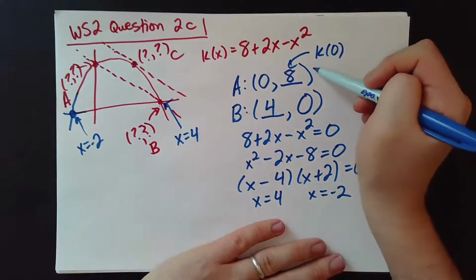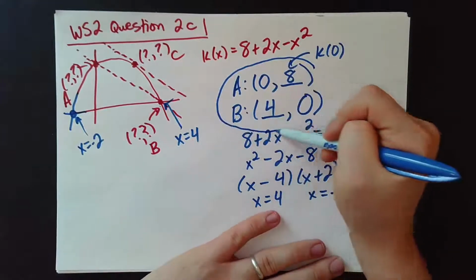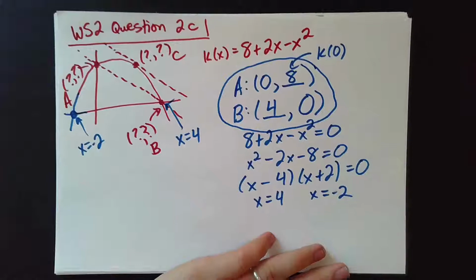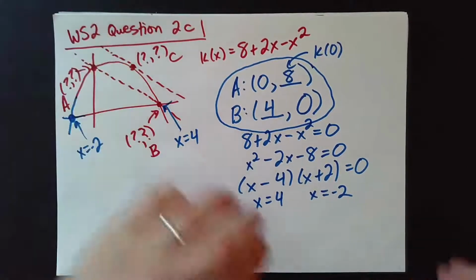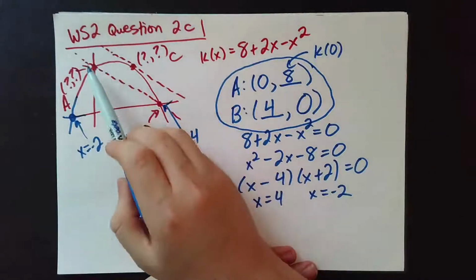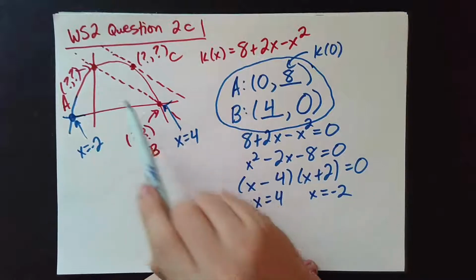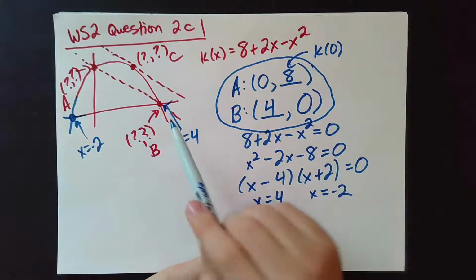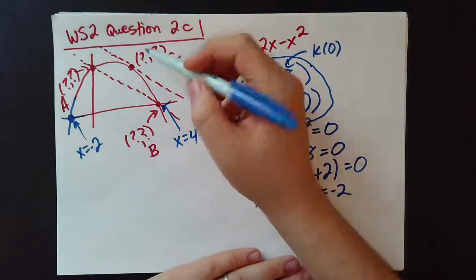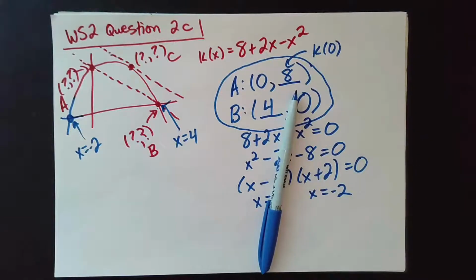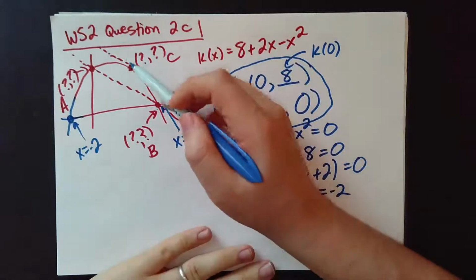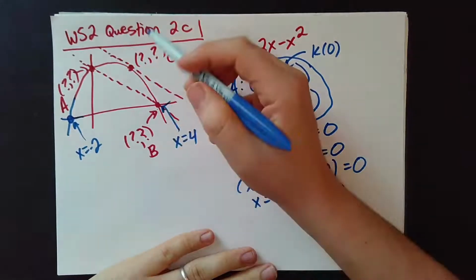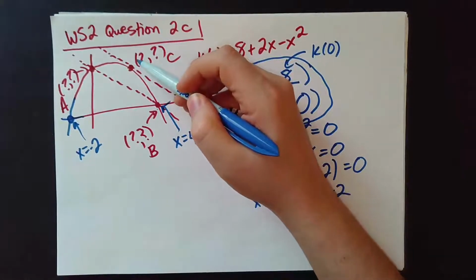Okay, so far all of this has just been pre-calculus stuff, where I've just used knowing how to find x and y intercepts to find these 2 points. But the remaining point, point C here, I'm going to need to use calculus to find this.